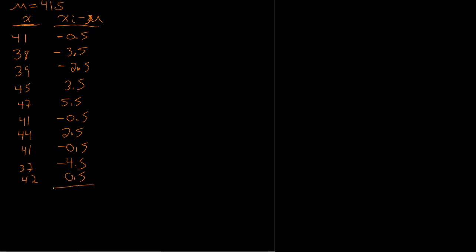Now notice something here. If I sum up all of my deviations, I get negative 0.5, that gives me negative 4, negative 6.5, negative 3, positive 2.5, positive 2, positive 4.5, positive 4, negative 0.5, 0.